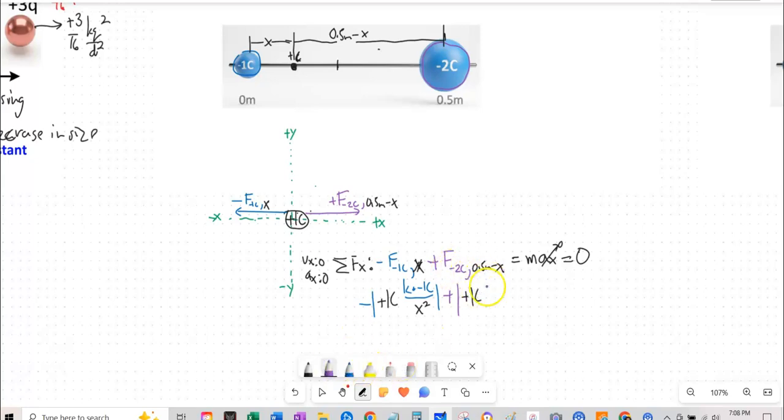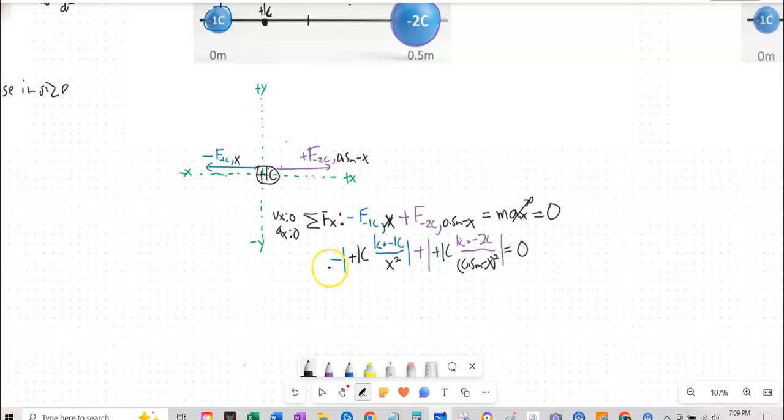And all of its important information is right there. It's K times a negative 2 coulombs all over 0.5 meters minus x that we're going to square. And that, again, is just a distance. It's equal to 0.